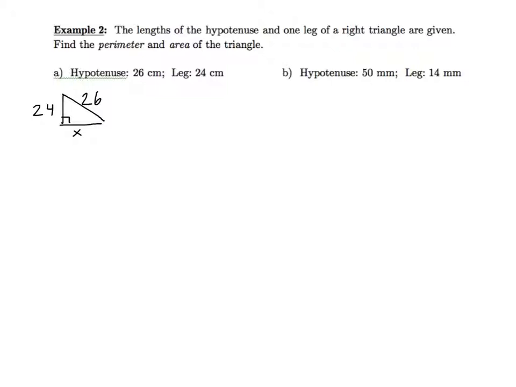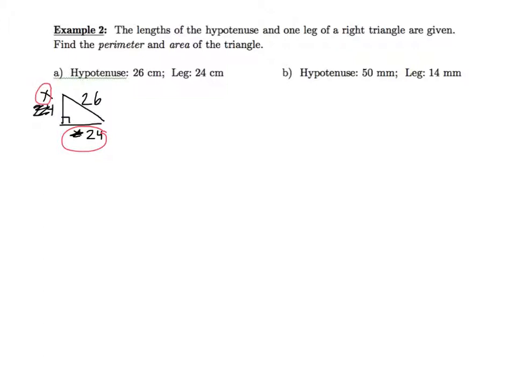In order to find the area of the triangle, I have to have the base and height. In this case, I could put 24 on the bottom. I could cross this out and put 24 here, but then I would have to put x here. So either way, you have to figure it out, because in this case this would be my base and this would be my height.